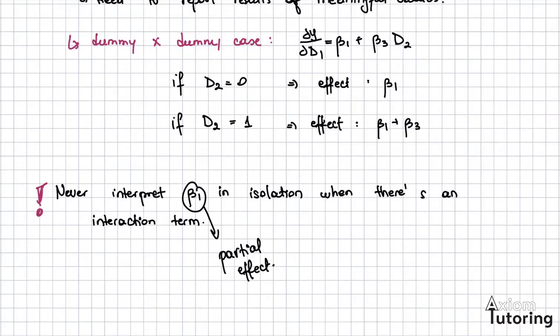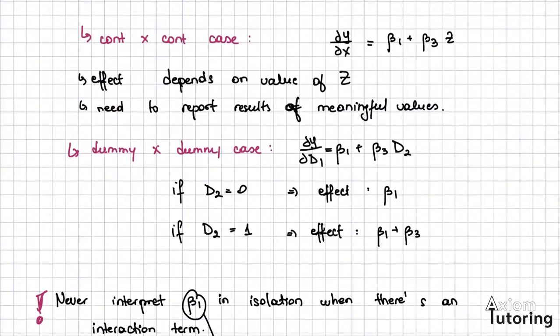Now, when you see an interaction term, follow these steps as a summary. Write out the marginal effect, choose meaningful values of Z, and then evaluate and interpret at those values. This three-step routine works for every interaction model that we see in all of these different case scenarios.